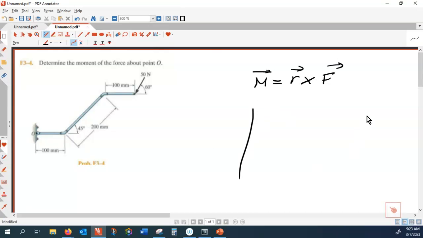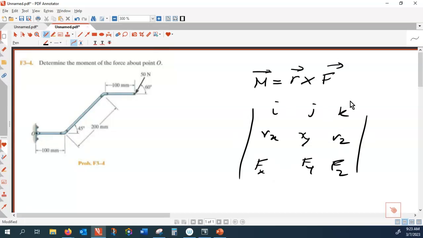You have to construct a 3 by 3 determinant, i, j, k, and put rx, ry, rz here, fx, fy, fz. And then you have to calculate that one. But because this is two-dimensional, we want to take a shortcut. The shortcut is, don't go through this complication. Find out the magnitude.